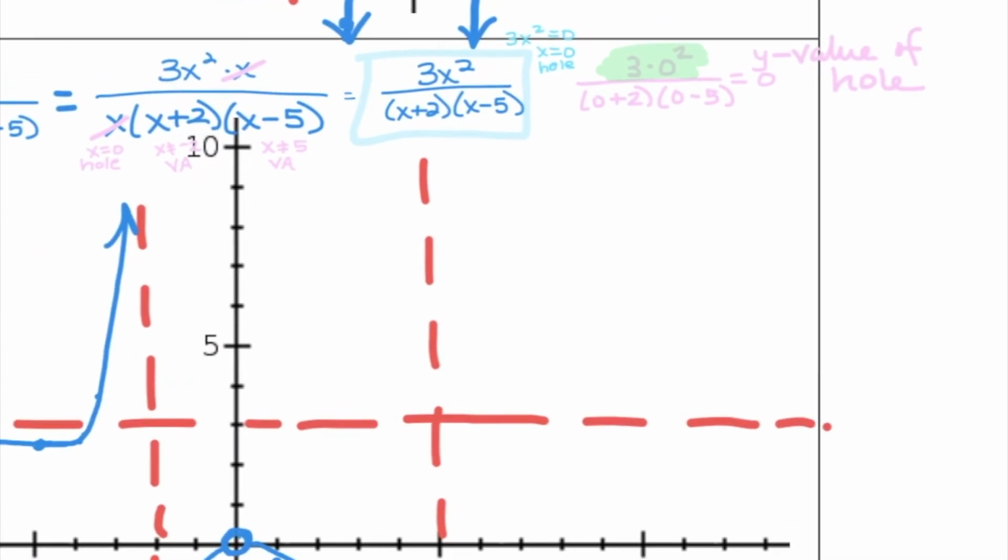So x equals 7 is about 8.1, and so that would be maybe about here. And then x equals 8 is 6.4, so maybe about here. And then x equals 10 is 5. So this part of the graph kind of goes like that.